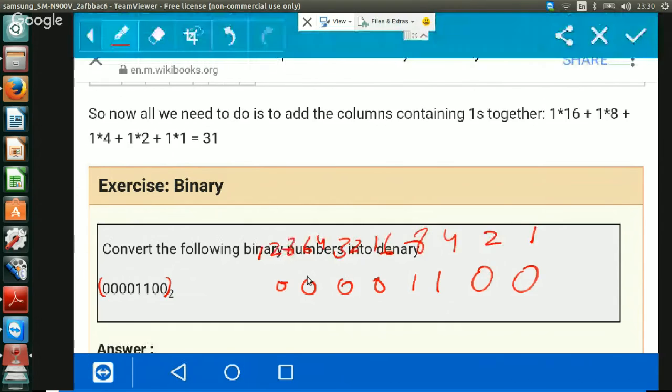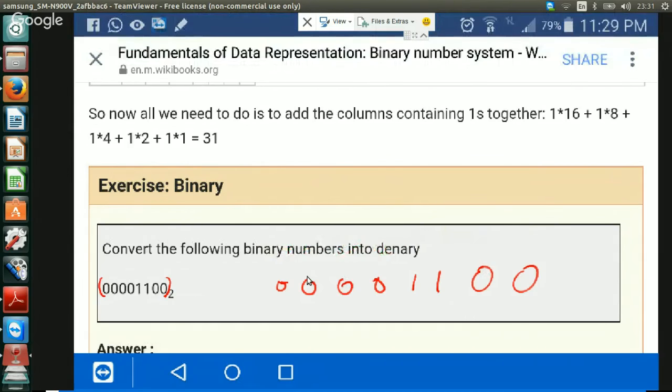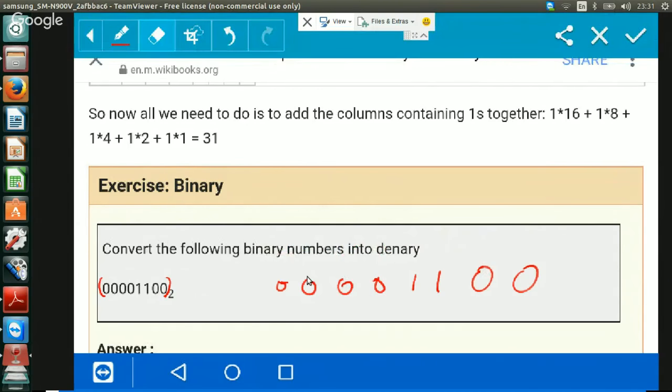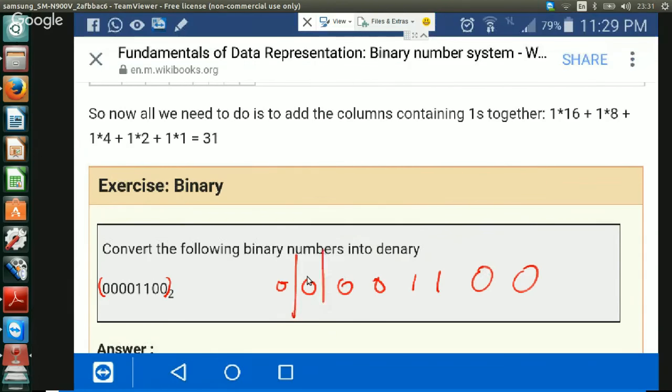So if it's not clear, let me do it again. I can write the numbers in the bottom as well. I can make the boxes as well, something like this.